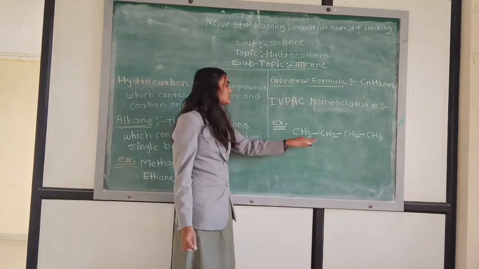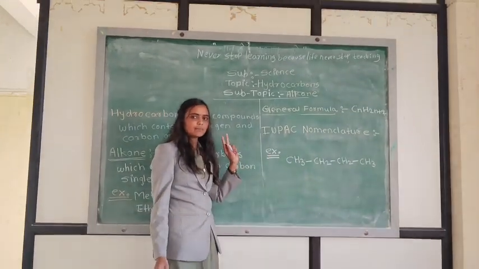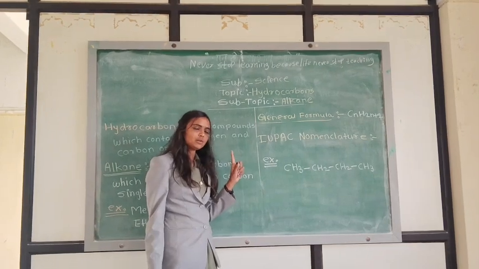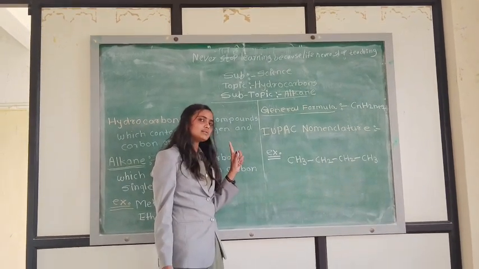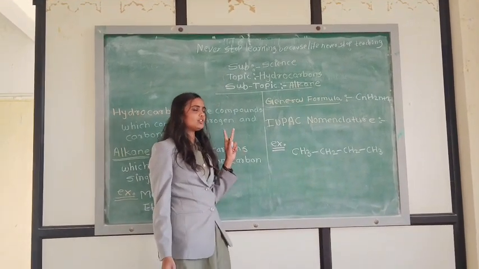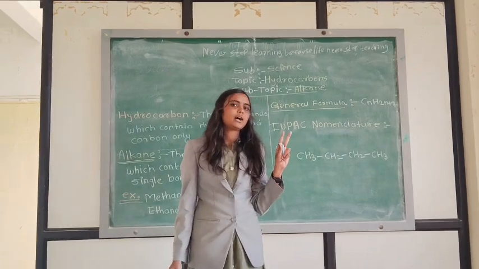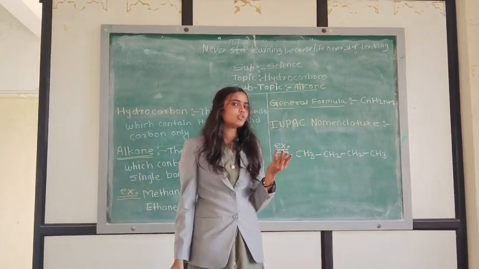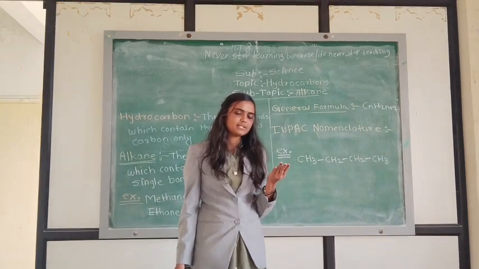Okay. So if 1 carbon atom is present, then we will name it with the prefix meth, and if 2 carbons are present, then we will add the prefix eth, and if 3, then prop, and for 4 carbon atoms we will add the prefix but.